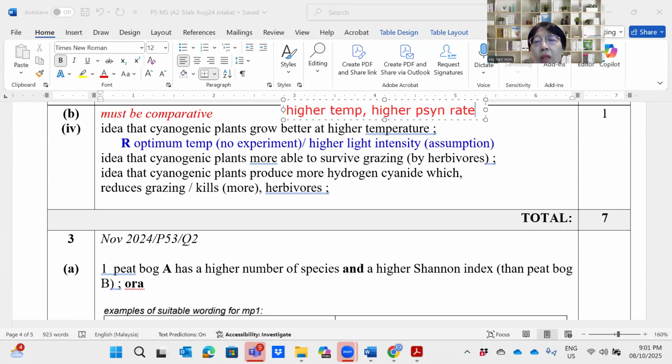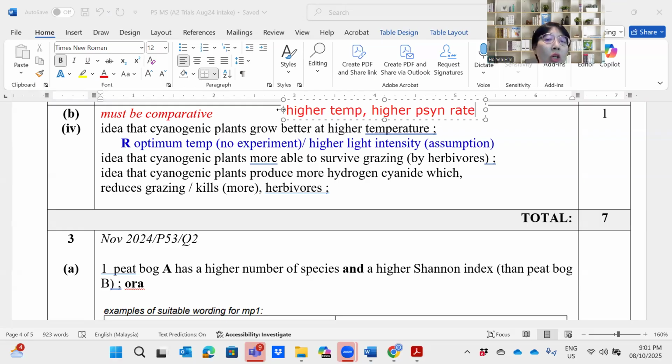So even if your temperature is very high, but there's no light, photosynthesis cannot occur. So I cannot give mark for students who say higher temperature, so the rate of photosynthesis is higher. Not necessary. So when it's half correct, half wrong, the answer will be wrong. So the only way you can write is that plant can grow better at higher temperature.